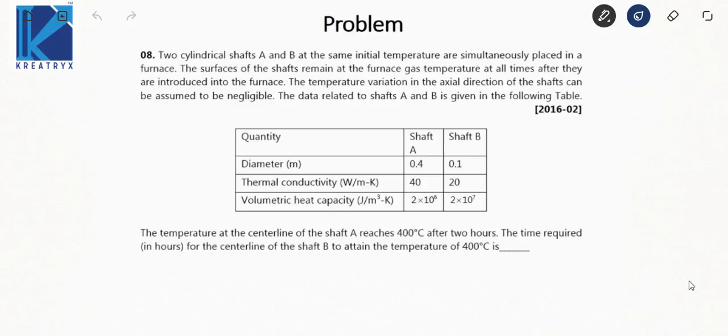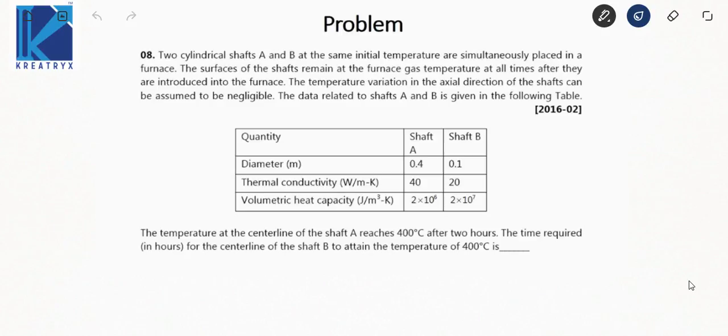Okay, this is a very good question, an important question, and it's a very amazing question. Two cylindrical shafts A and B at the same initial temperature are simultaneously placed in a furnace. Surfaces of the shafts remain at the furnace gas temperature at all times.